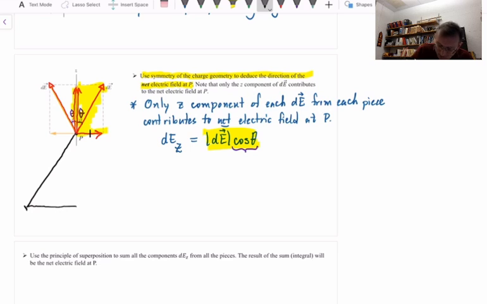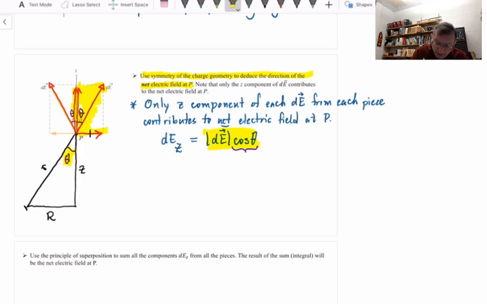That perpendicular distance there is big R, and then that distance right up along there to point P is what we're calling Z. That's little r. And this angle right here is theta, because this is the same theta here as up there from geometry.